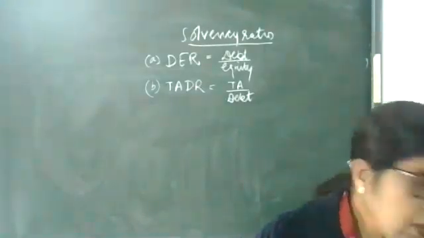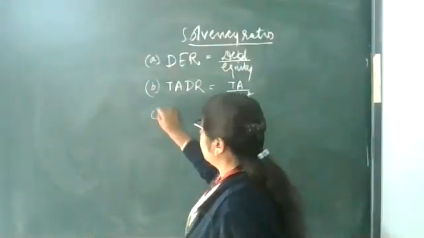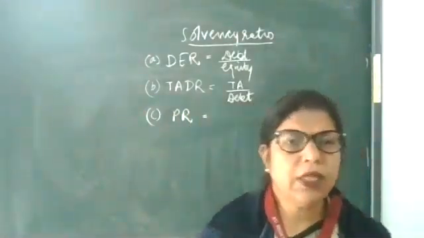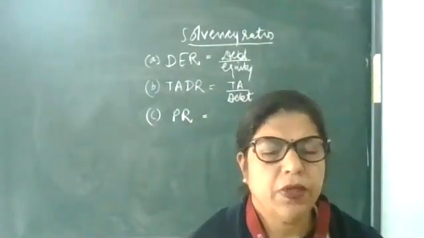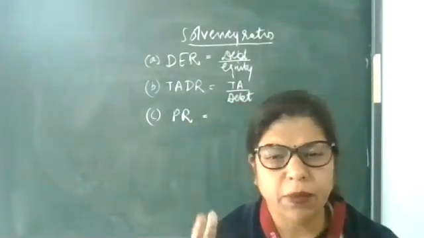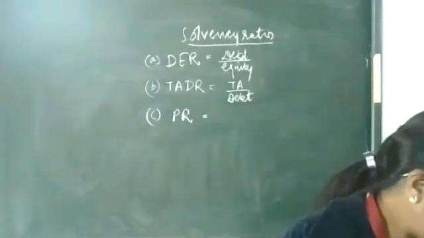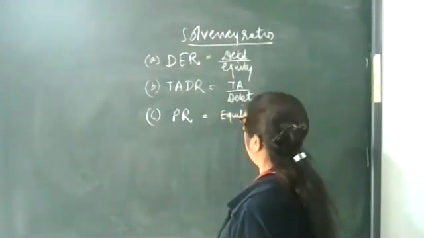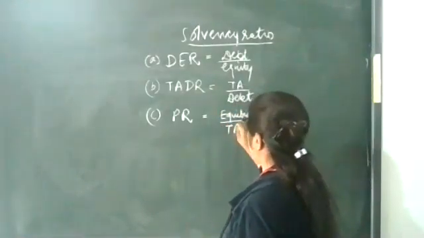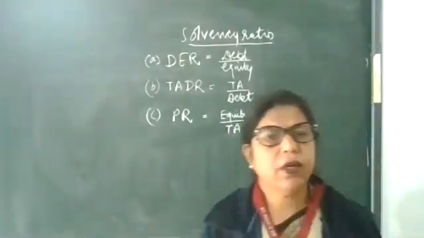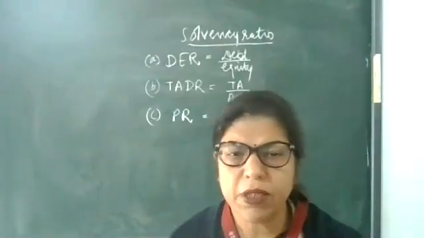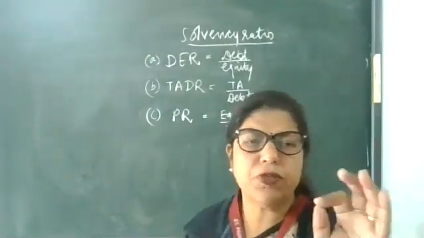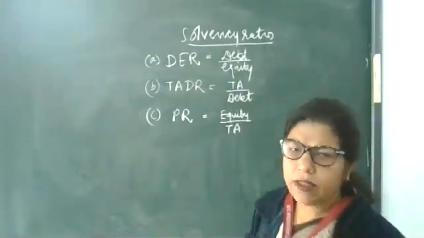Now the third ratio is PR, proprietary ratio. That ratio we can calculate in two ways. First is equity upon total asset, or if we want the answer in percentage, that can be multiplied by 100. Now I am going to give you a very easy way to learn.